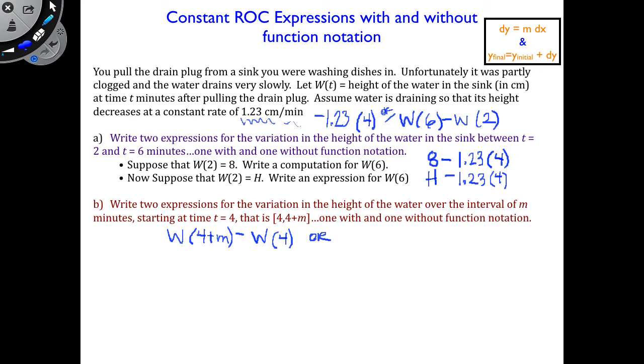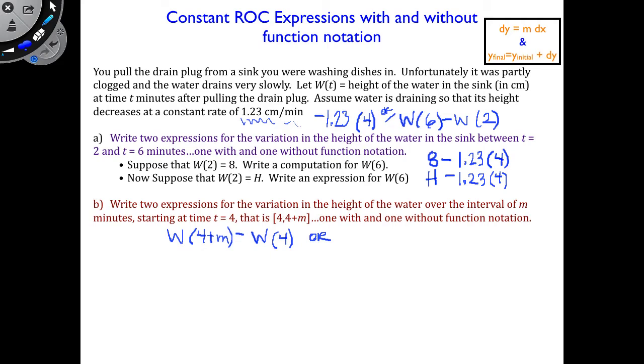So what expression without function notation could we use here? Similar to this. Yeah, I've got m dx. Instead of doing dy, y final minus y initial, I can write m dx. The number of minutes that have gone by is dx, which is actually m, so sorry for the confusion, m for minutes as opposed to m for rate of change.